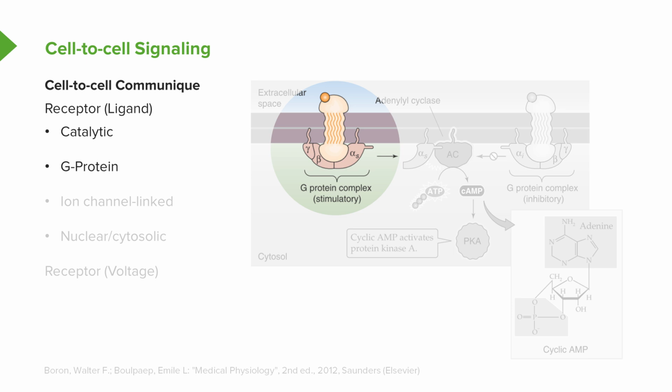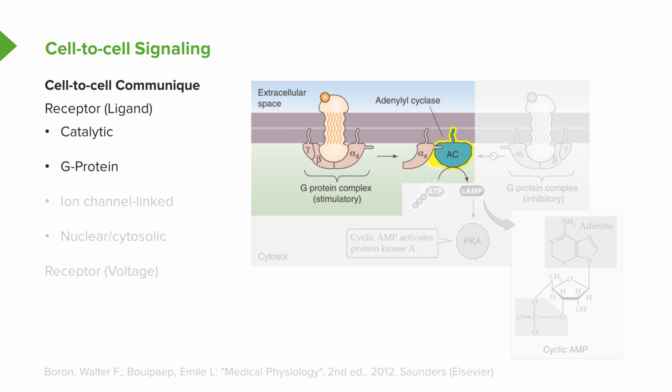In this case, you're going to see the alpha component move over once the ligand binds to bind to adenylate cyclase. Adenylate cyclase is an enzyme. It will convert ATP into cyclic AMP, and then cyclic AMP will start a cascade of protein phosphorylation to other proteins such as protein kinase A.